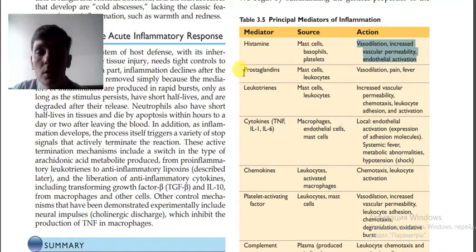Okay, then prostaglandins. Prostaglandins result from arachidonic acid degradation, made by mast cells and other leukocytes.